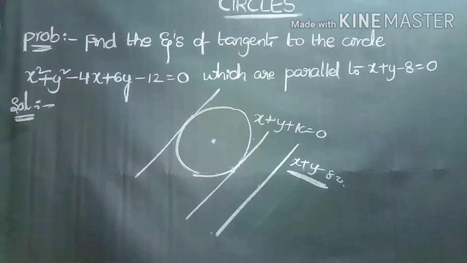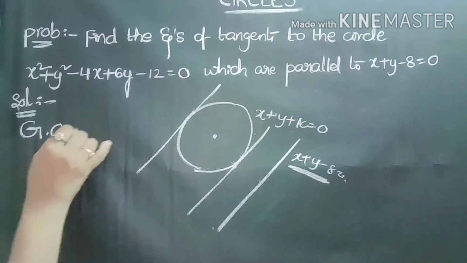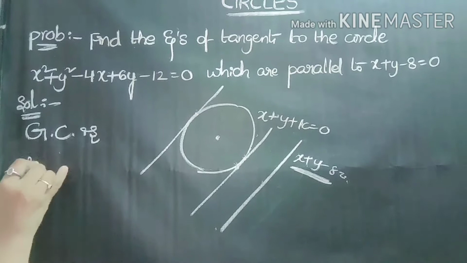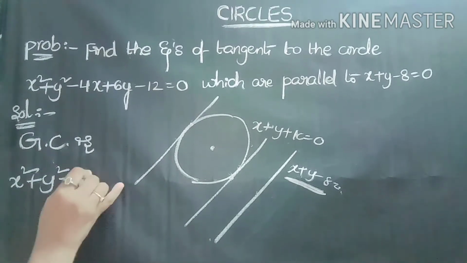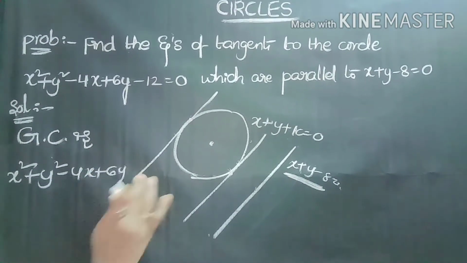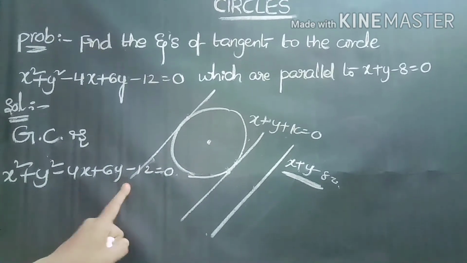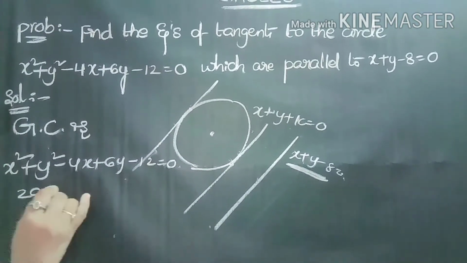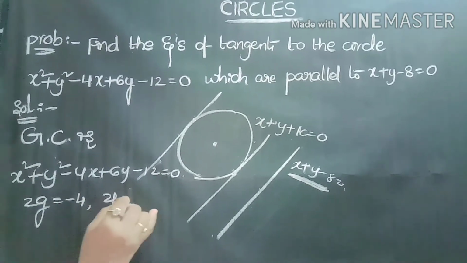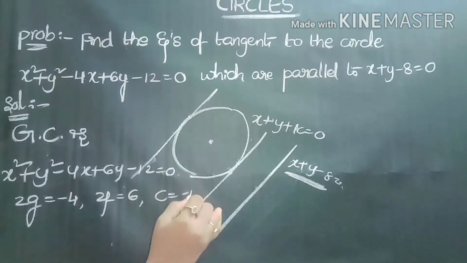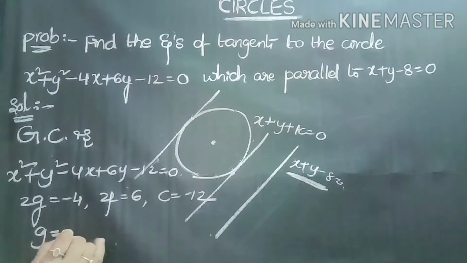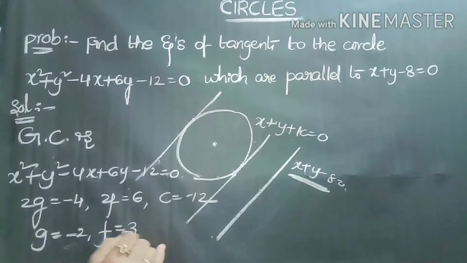That's the process. First we take the given circle equation: x square plus y square minus 4x plus 6y minus 12 is equal to 0. Now finding the center and radius of the circle. Here 2g is equal to minus 4, 2f is equal to 6, c is equal to minus 12. Then g is equal to minus 2, f is equal to 3.